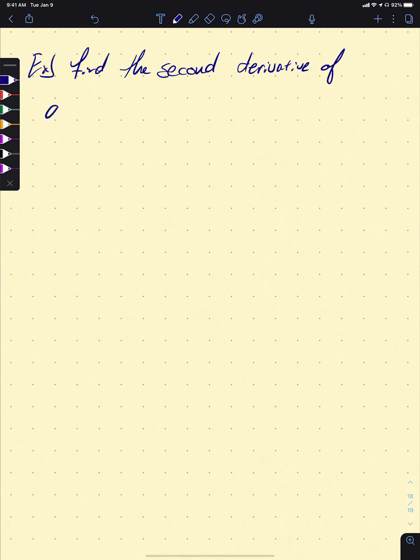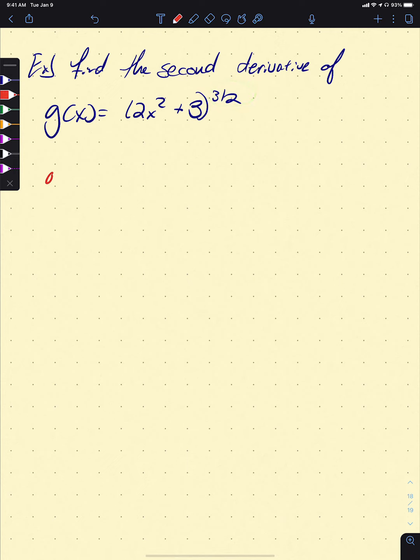We'll say g of x is (2x squared plus 3) to the 3/2. Okay, we have to use the chain rule for this one because we've got a fractional power.